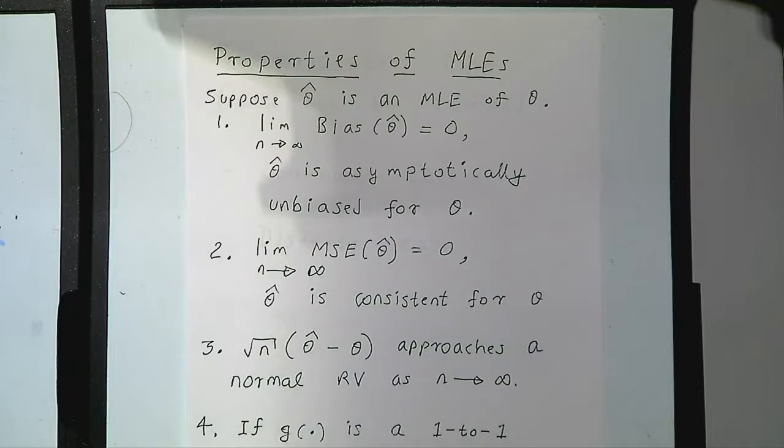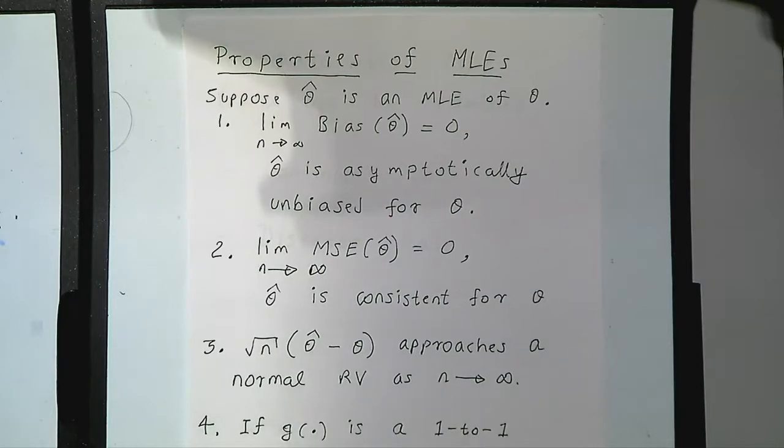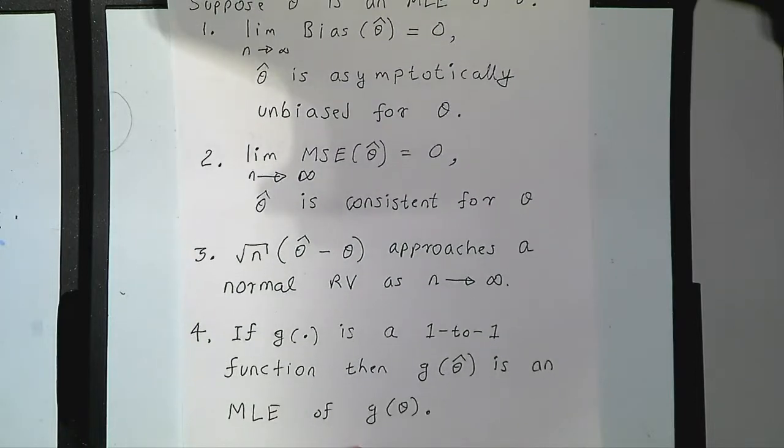The second property is that the MLE is always consistent. The third property is that it approaches a normal variable as n approaches infinity. And the fourth property is that if g is a one-to-one function, then g of theta hat is an MLE of g of theta, provided theta hat is an MLE of theta.